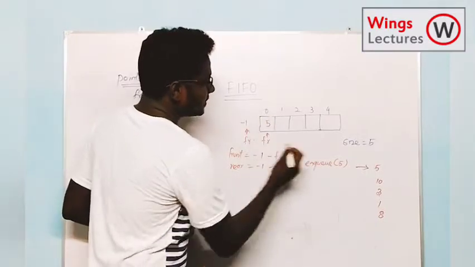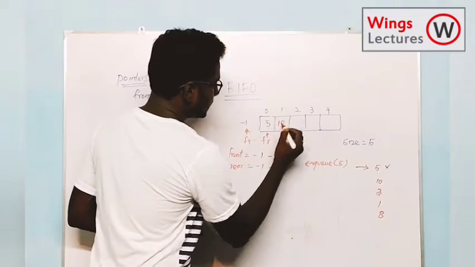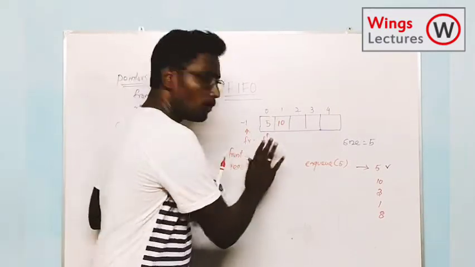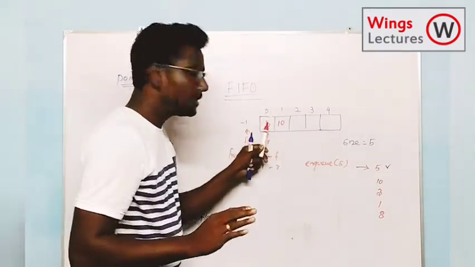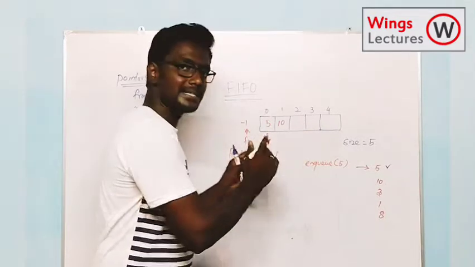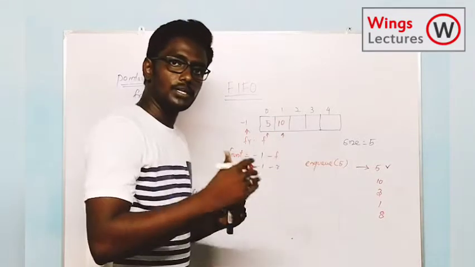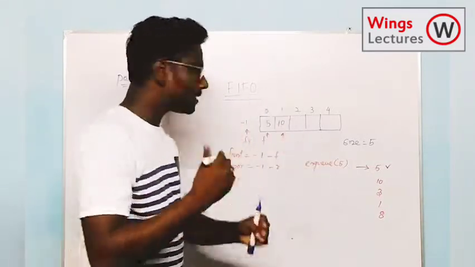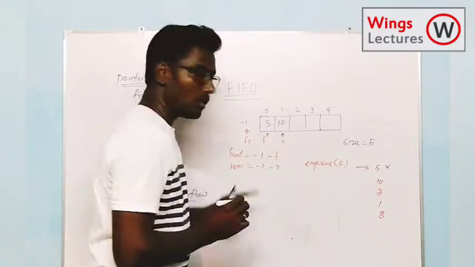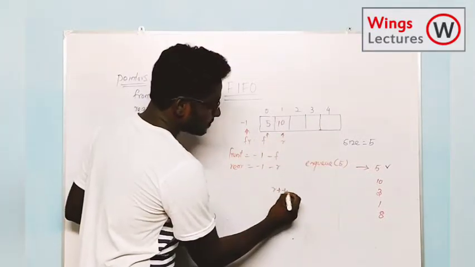Now after inserting 5, next I am going to insert 10. After inserting 10, the front pointer will not move from the first location. Front pointer will not move after inserting the second data. Only the rear pointer will point to the newly entered data. Now r will move to the next place, which is r plus plus, incremented by one step.